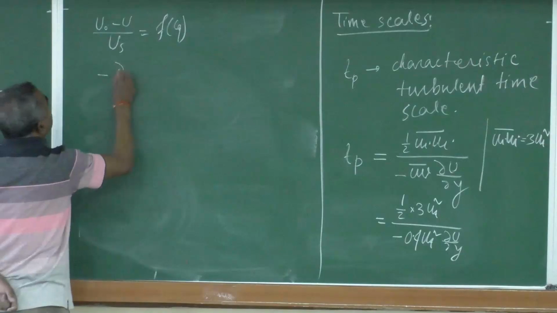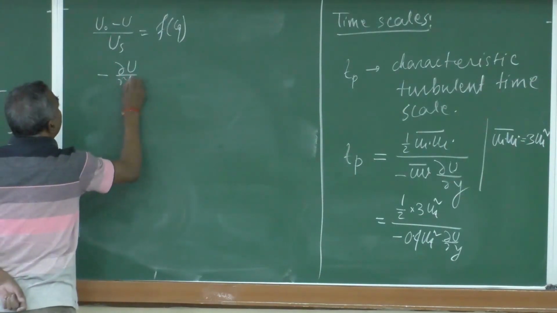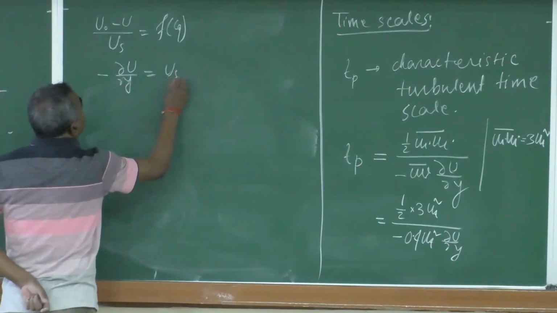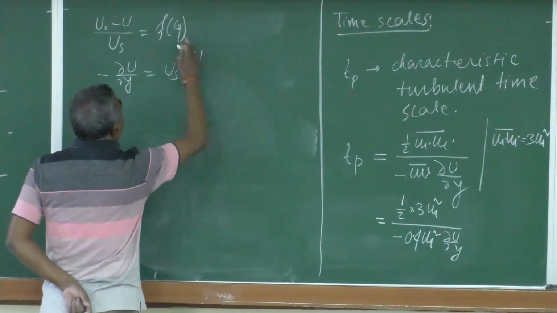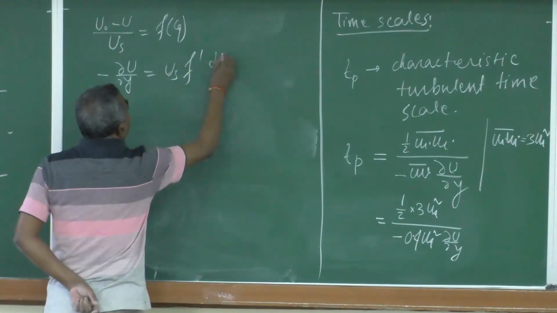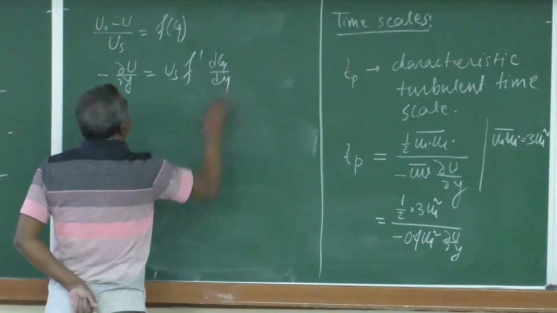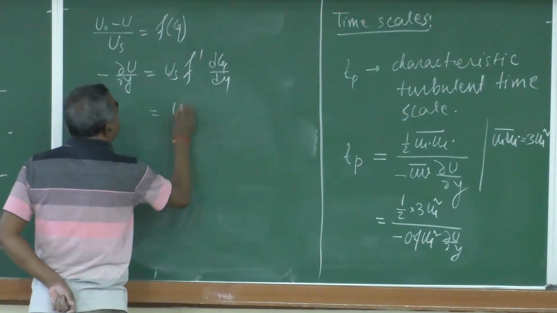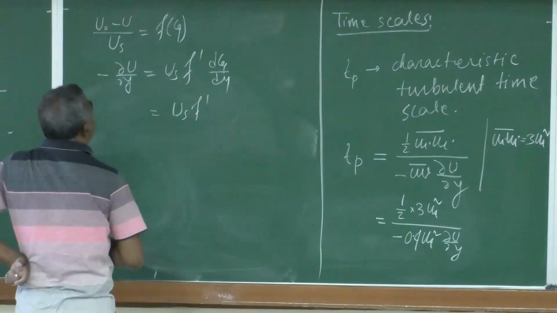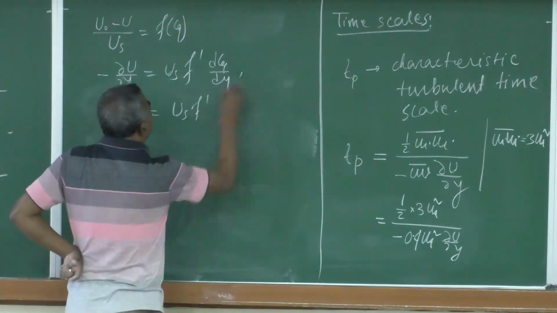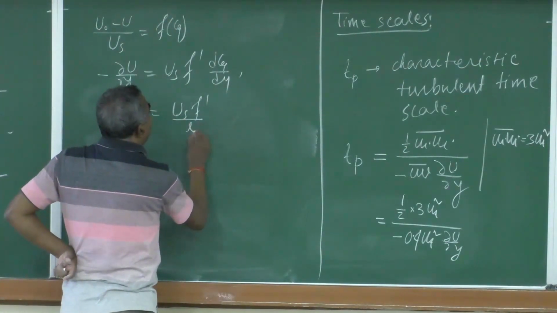That means minus del u del y equals u s f prime and dxi dy, which is nothing but u s f prime and dxi dy is equal to 1 by L, right.